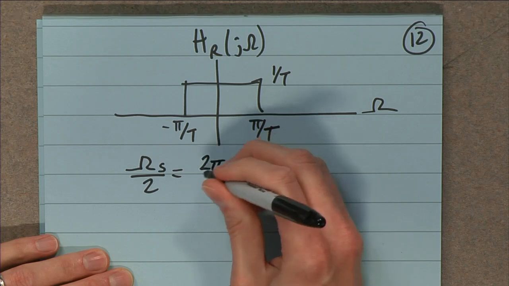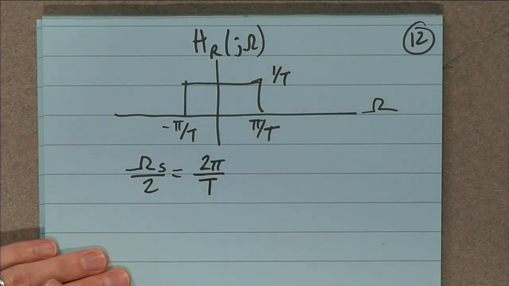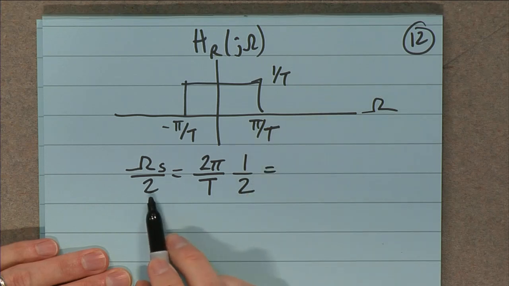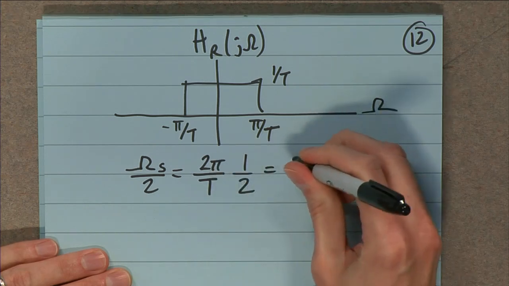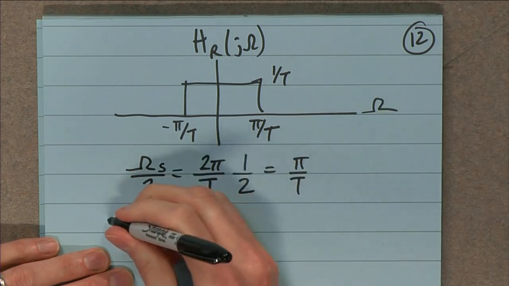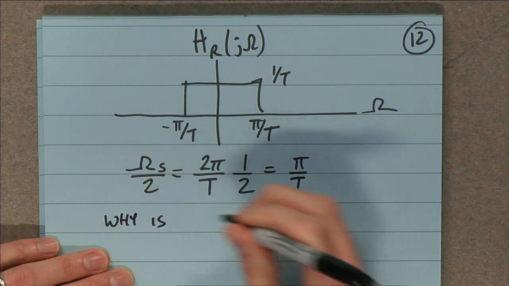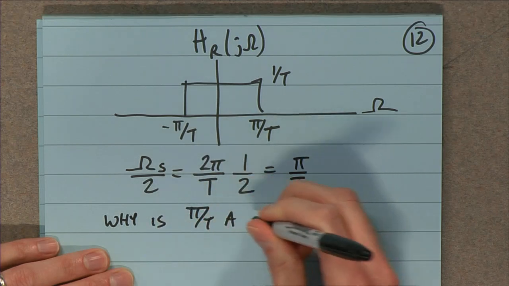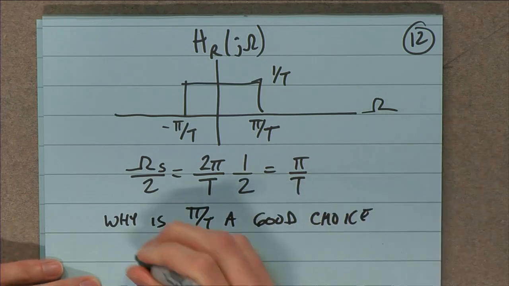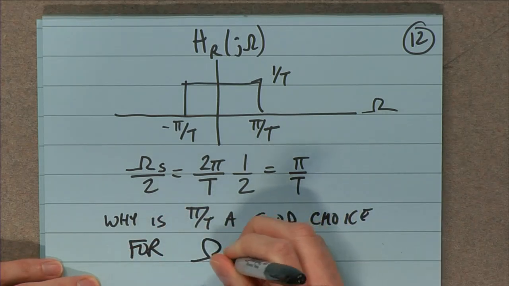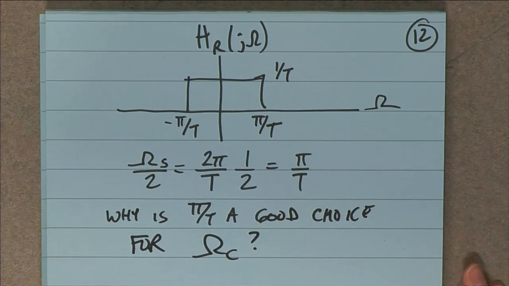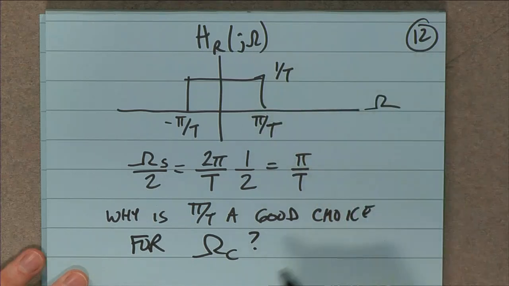That's just 2 pi over T, where T is the sampling period. But now we have this 1/2. So do the algebra, you end up with pi over T. So why is pi over T a good choice for omega_c? That's the question that we're going to answer now. Why does it make sense to have a cutoff of pi over T?